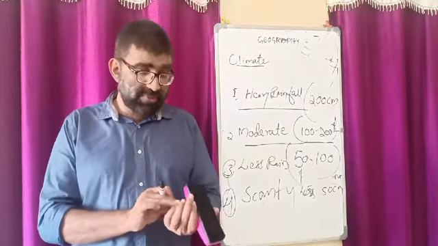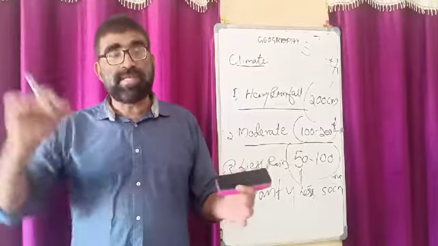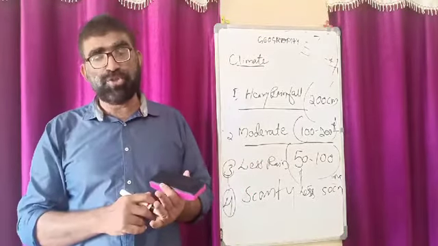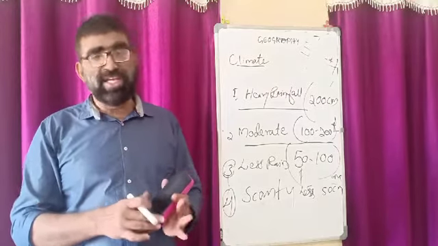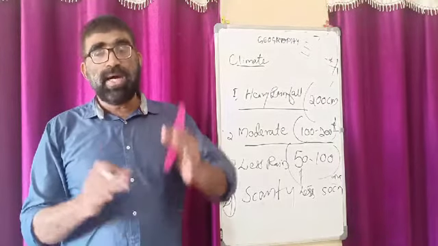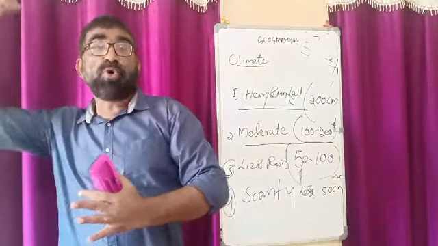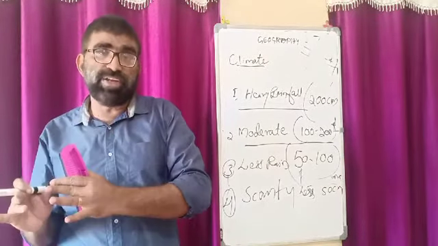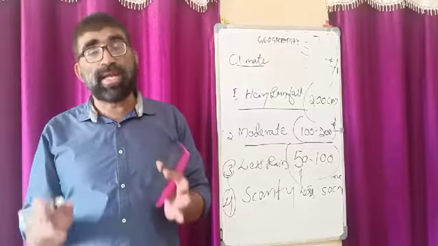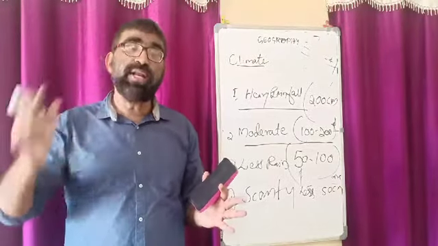Here an important feature I am going to say is that if we see the monsoon, Kerala has fewer rainy months and Tamil Nadu has more rainy months, but Kerala receives more rainfall than Tamil Nadu.